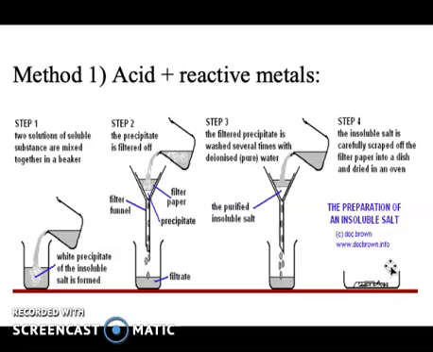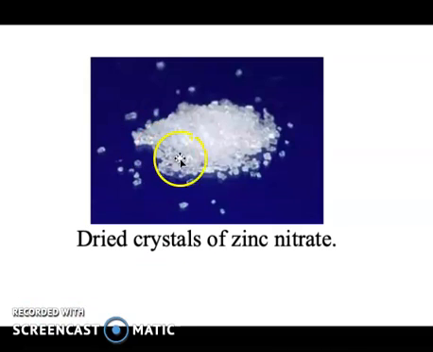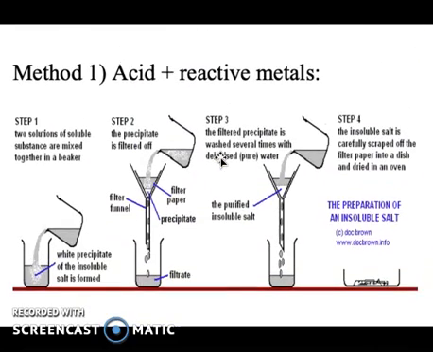We will see one example of zinc nitrate which is prepared by this method 1. Now see students, these are the dried crystals of zinc nitrate. These crystals are formed by this method. Two solutions, one is zinc and another is nitrate.